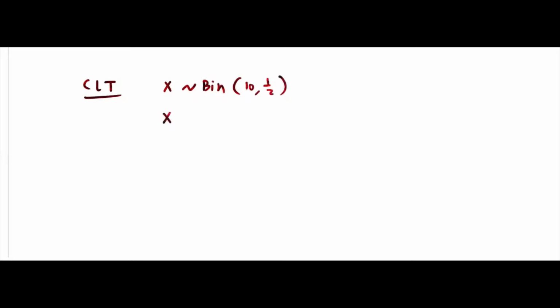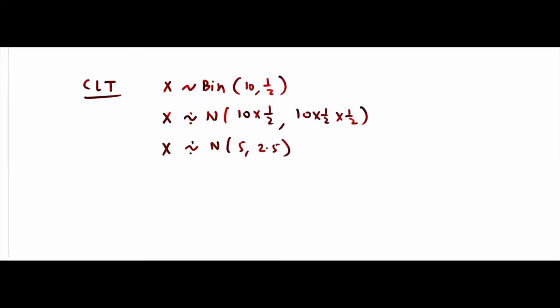So X will be approximately distributed as normal with mean np and variance npq. Then X will be approximately normal with mean 5 and variance 2.5.